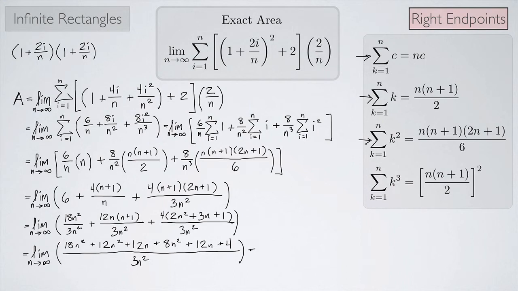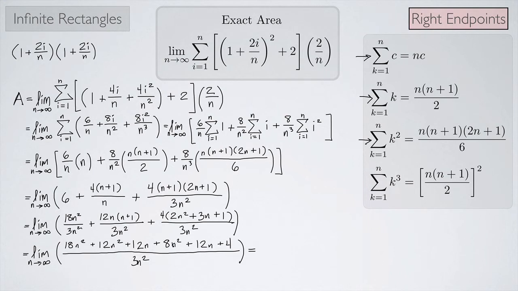And now, if you look at this, remember we're doing an infinite limit, so it's really the highest powers of n that are going to matter here. And as n goes to infinity, I see the highest powers in the numerator and denominator are both n squared. So it's actually just the n squared terms that are going to survive when I do this limit. And on the top, I have 18n squared, that's the first term here, plus 12n squared plus 8n squared.